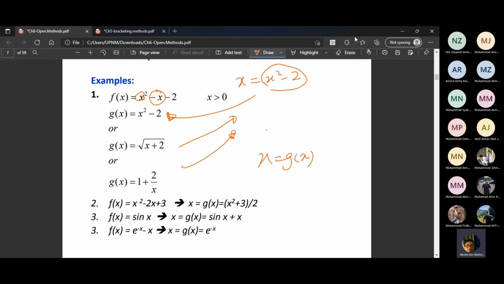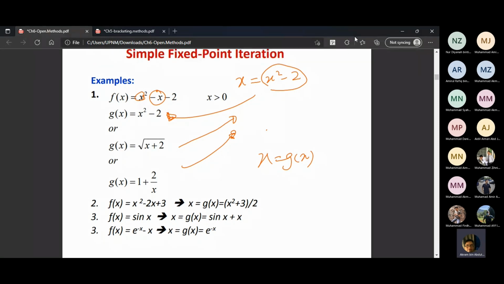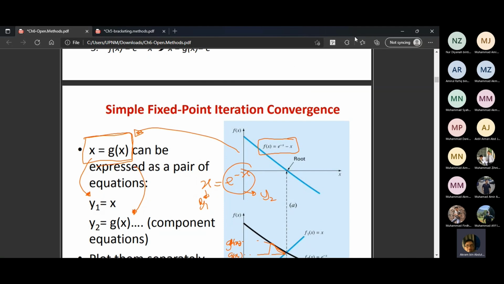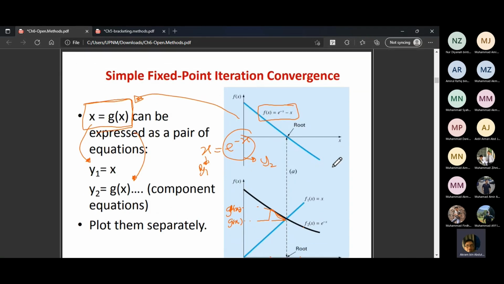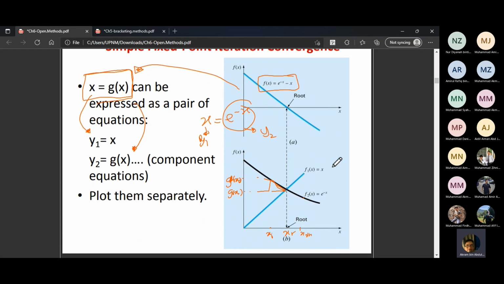Next, what we need to do in order to solve this using simple fixed point iteration. After we express the function in terms of x and g(x), we can treat each of these as a pair of equations.